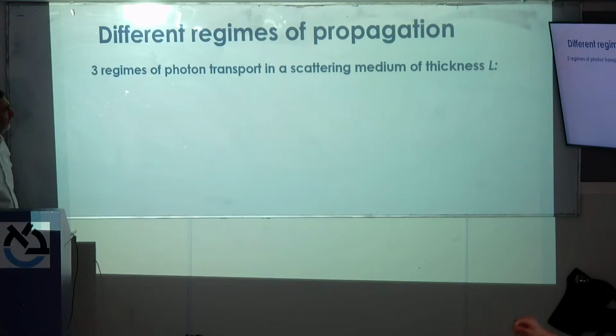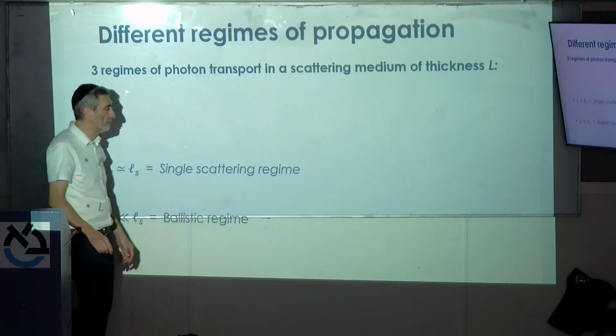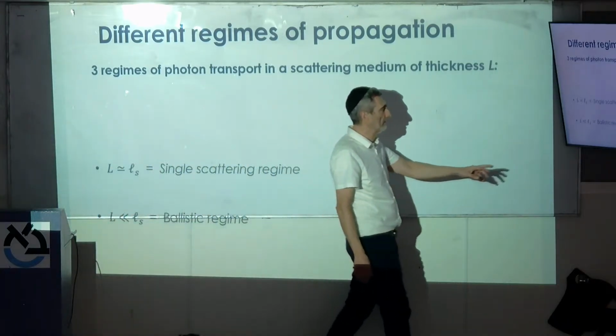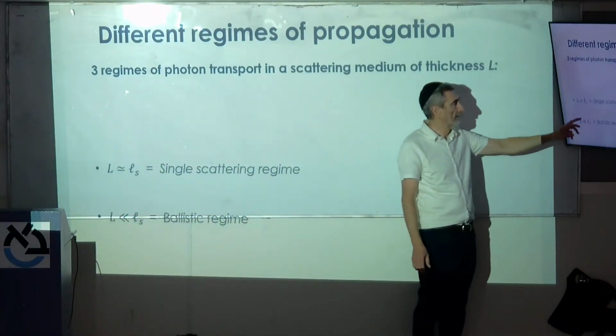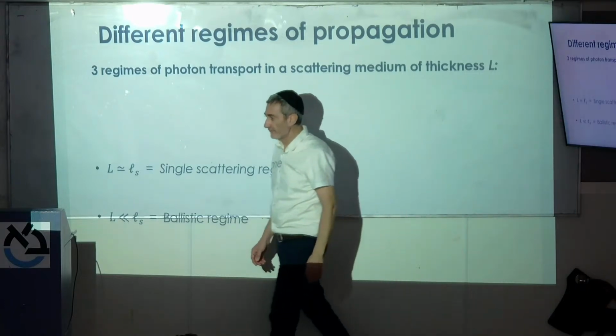You remember the different regimes of propagation, the regimes of photon transport in a scattering medium of thickness L. You have the ballistic regime, which is when the size of the system is smaller than the scattering mean-free path. The single scattering regime is when L is of the order of Ls.